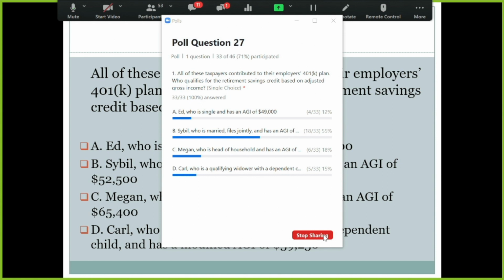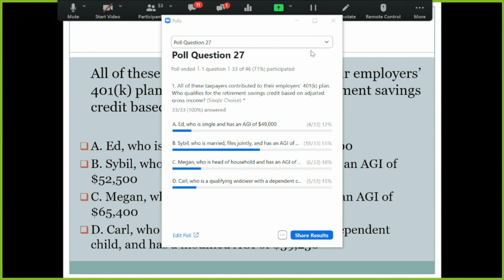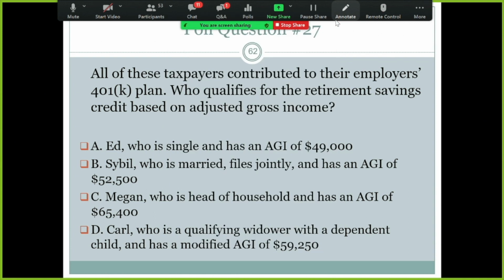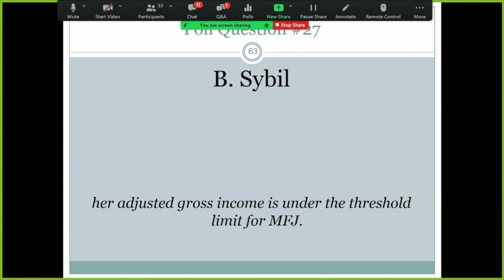You can find those limits on G-17. Okay, that's the answer.